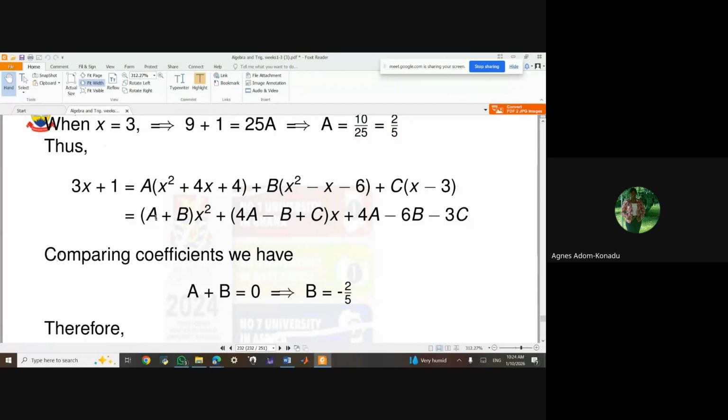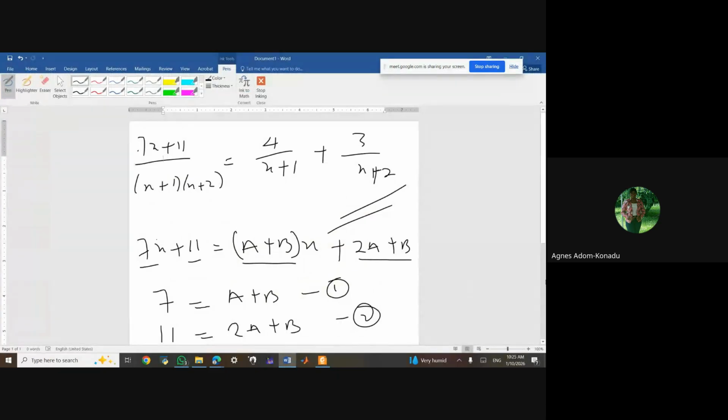So it means that I'm going to get a plus b is equal to 0. Please, can you see that? On the left, I have 3x plus 1.